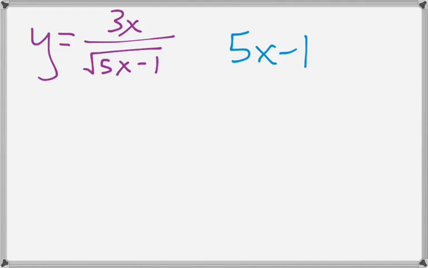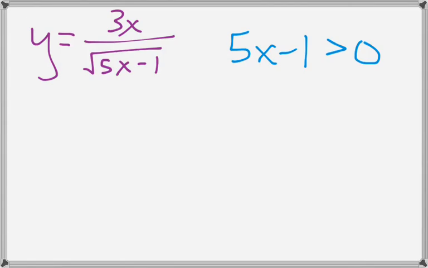So this expression 5x minus 1 could be positive because then we would be able to take the square root and get a real number, and we wouldn't have a 0 in the denominator. However, we don't want 5x minus 1 to be equal to 0 because then the square root of 0 is 0 and we would have a denominator issue.